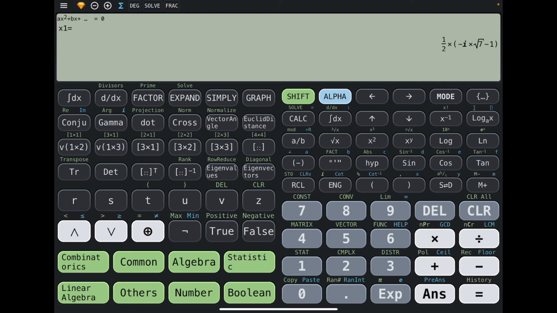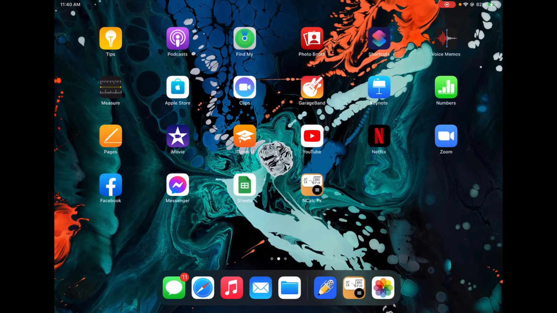Let me do it on my calculator. So it's 1, 1, and 2. Yun, negative 1/2. Negative 1/2 minus... Tama.